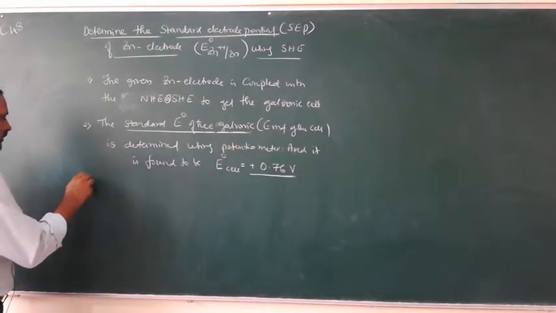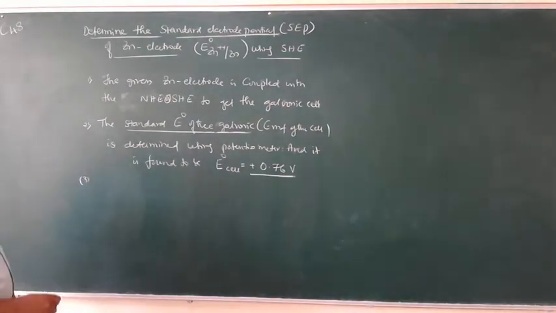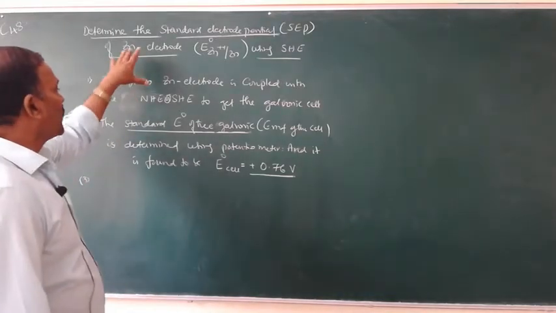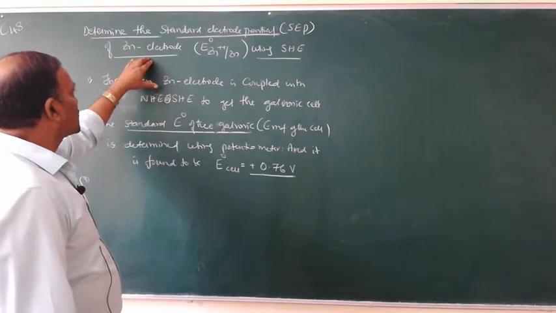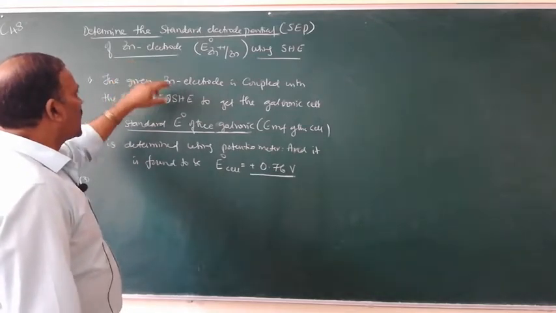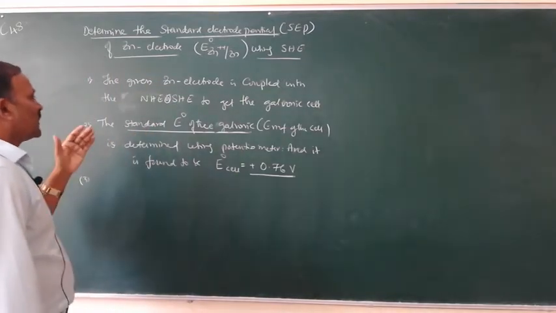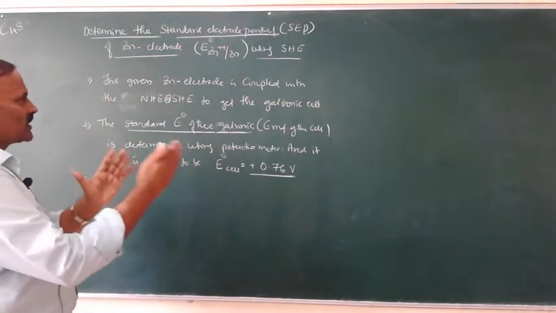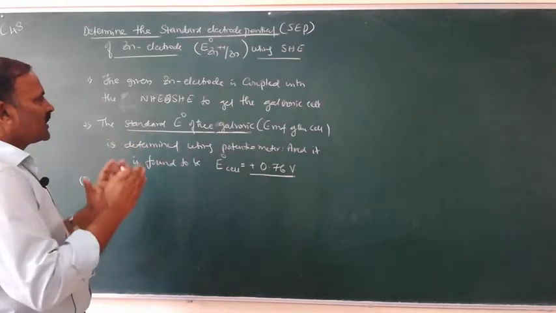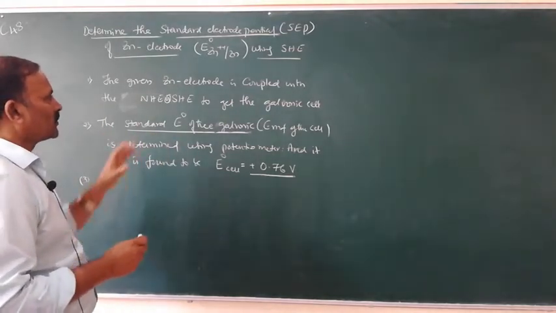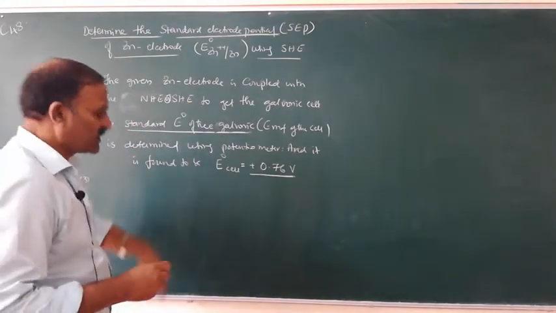Third point. So what we are doing, we are determining the standard electrode potential of zinc electrode. This zinc electrode is coupled with standard hydrogen electrode to get a galvanic cell.